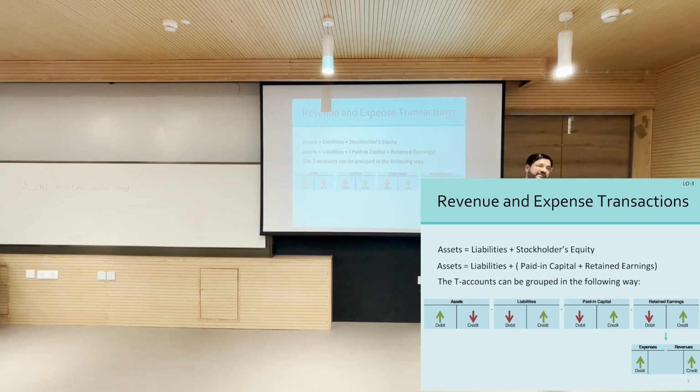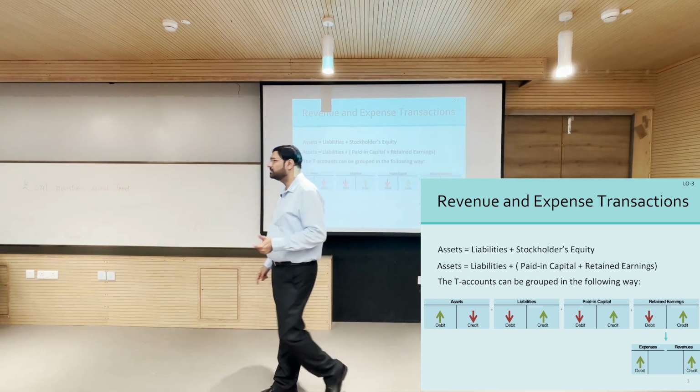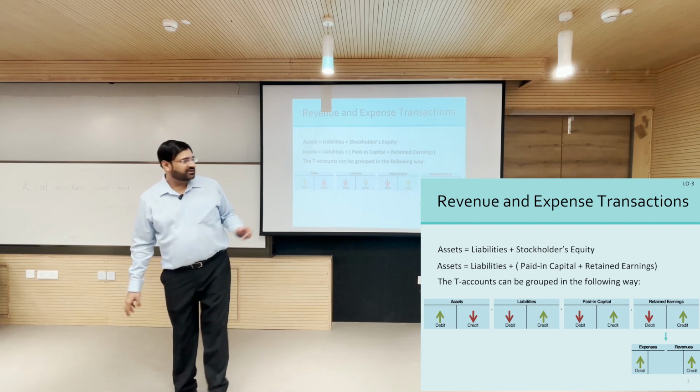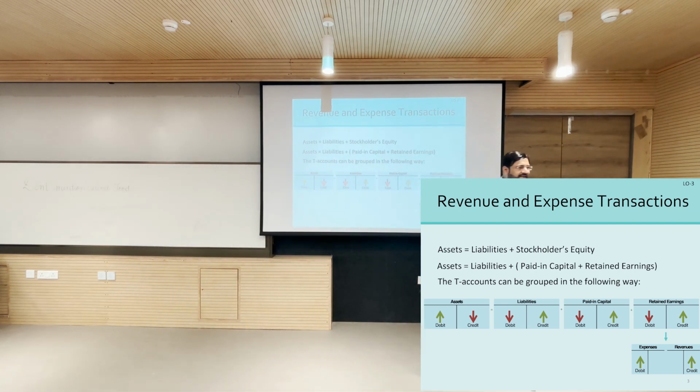Now, retained earnings had two more parts, if you remember. What were the two parts of retained earnings? Expenses and revenues. When revenues went up, did retained earnings go up or down? Up. So, revenues and retained earnings are moving in the same direction. So, revenues are credit. What is the opposite of revenues?